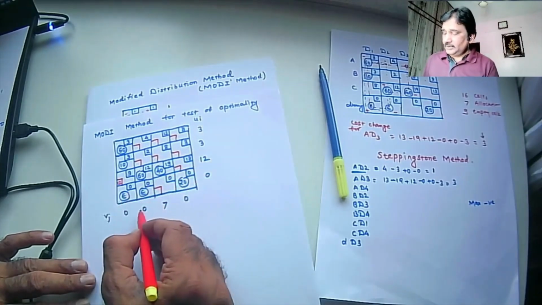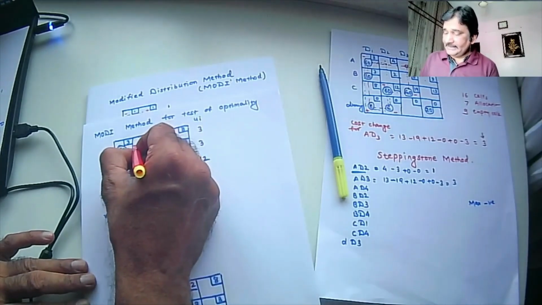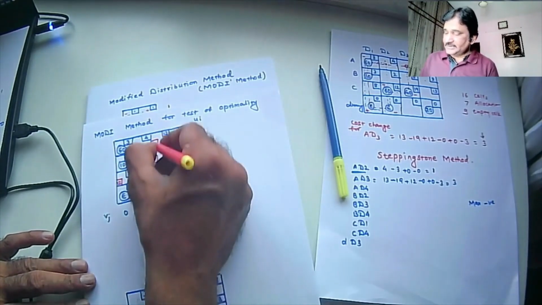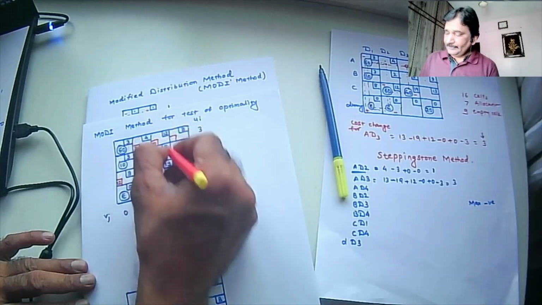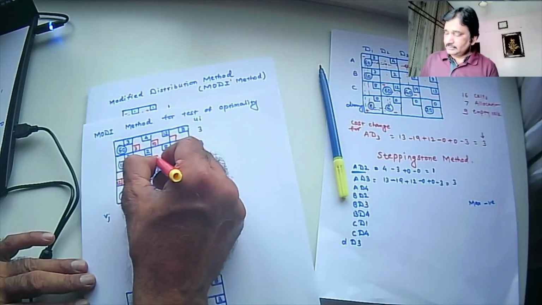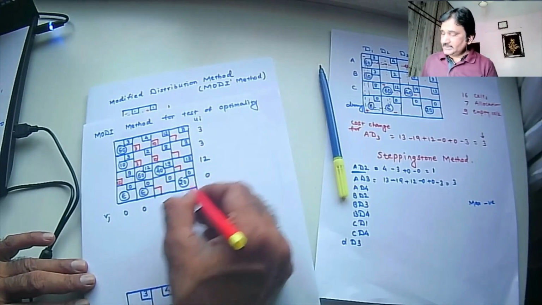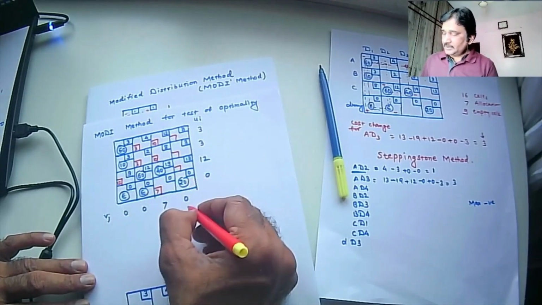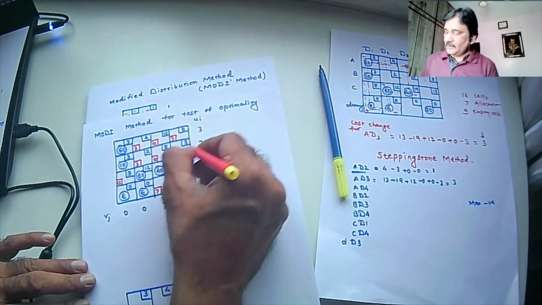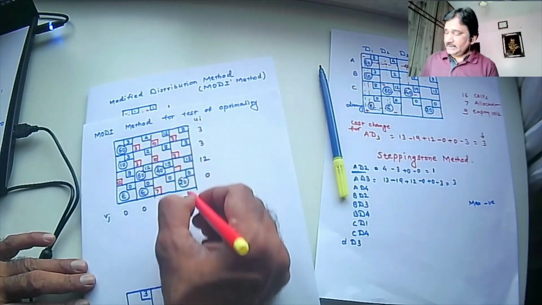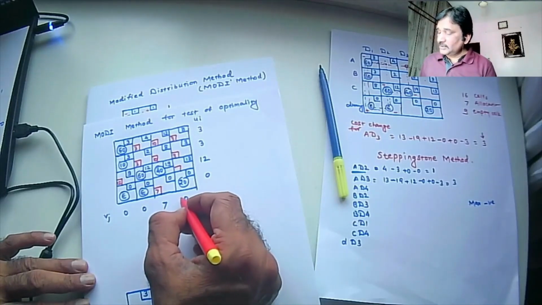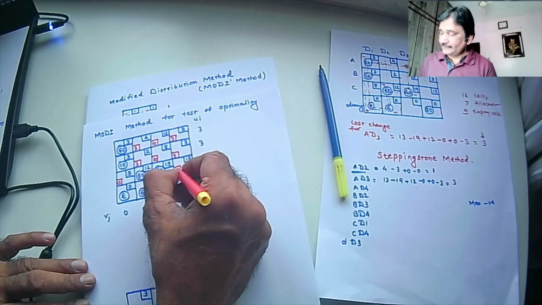All right. Now 0 plus 3, 3 here, 0 plus 3, 3 here, then 7 plus 3, 10, then 7 plus 3, 10 again, okay, then 7 plus 0, 7, then 0 plus 3, 3, 0 plus 3, 3 again, then 0 plus 12, 12.